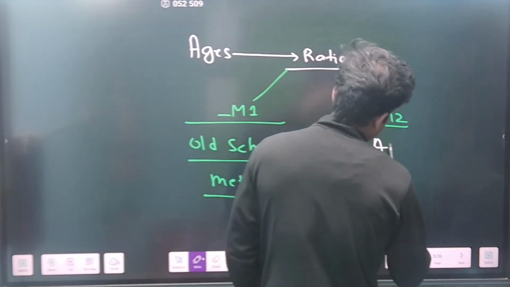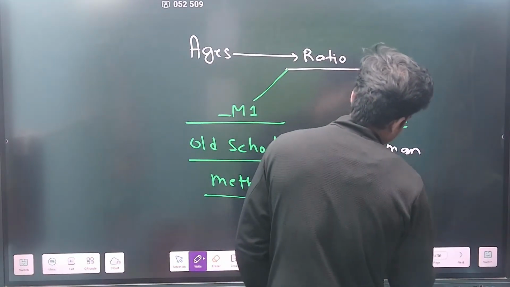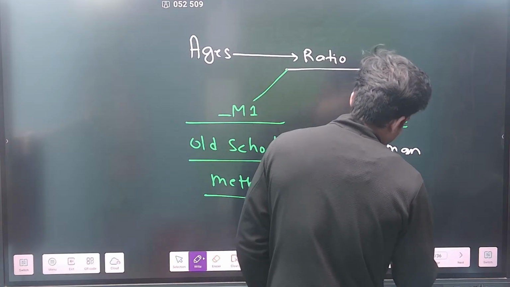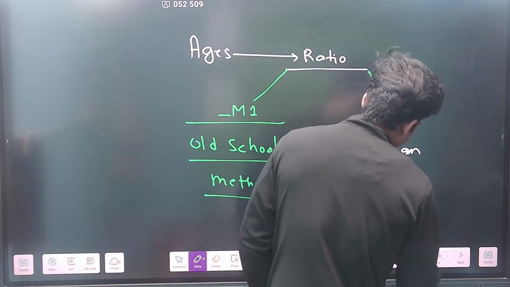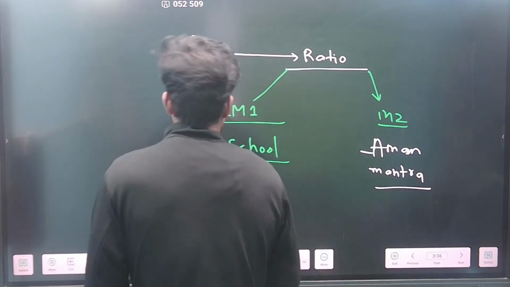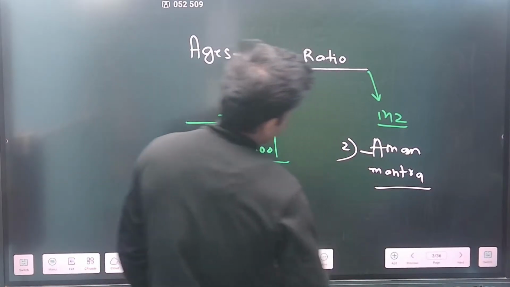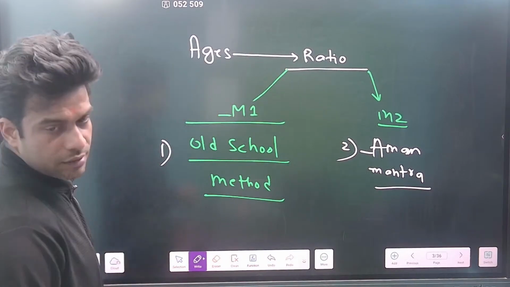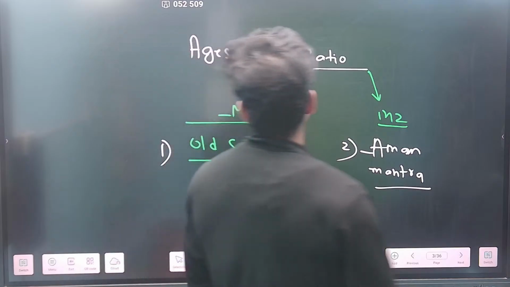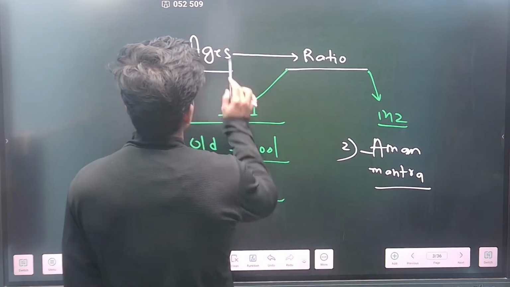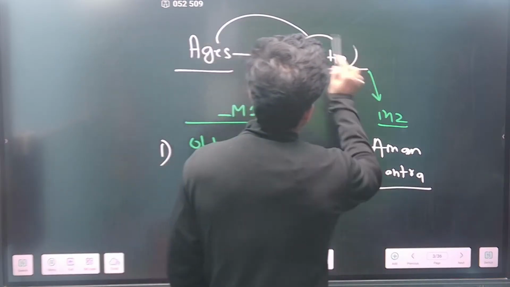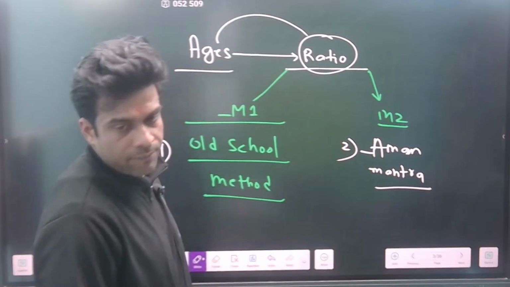I will tell you about the Aman mantra approach. So these are the two different things you need to do, first and second. So I think you will understand that ages is a part of ratio, and again I am saying that I'm guiding you from the basics, so you need to understand.